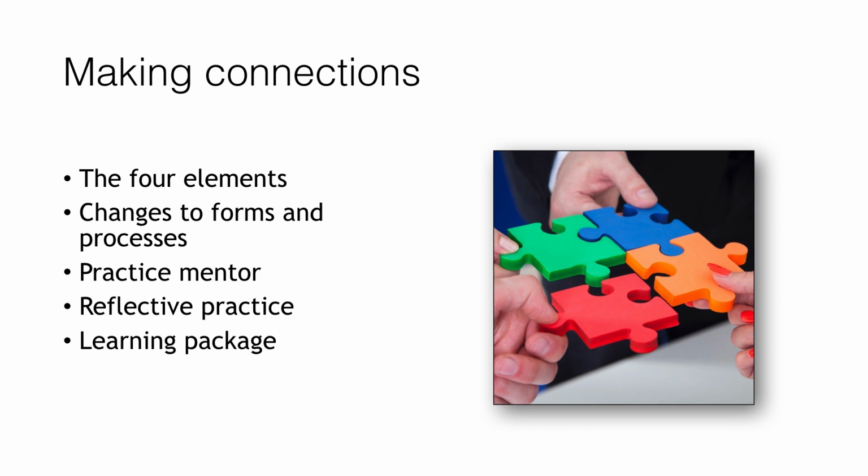The change statement is prepared for presentation to case conferences, and steps to change are developed in the core group. There are 2 important aspects of implementing effective child protection that have been developed as part of this practice framework. These are the role of the practice mentor and the use of reflective practice.